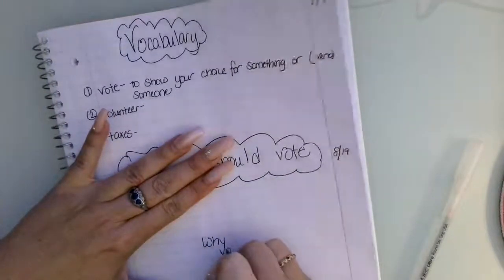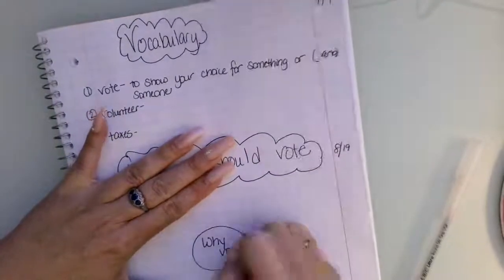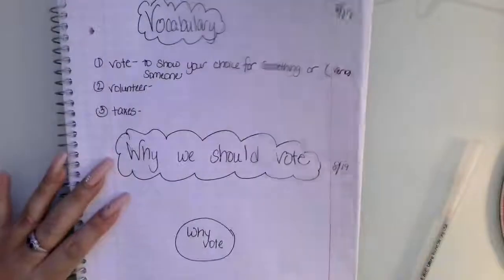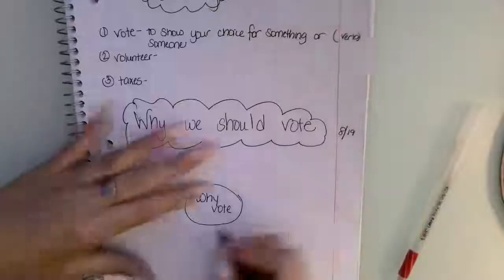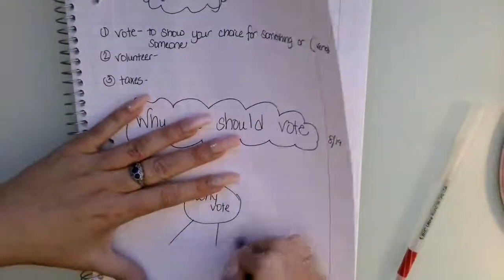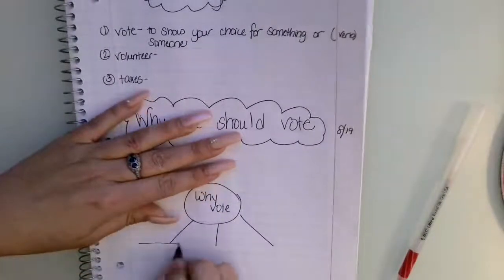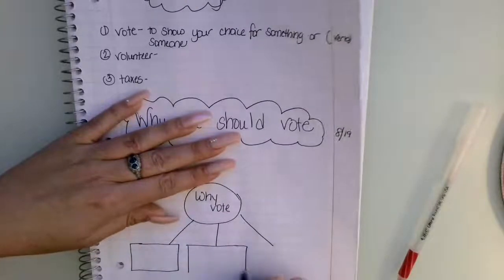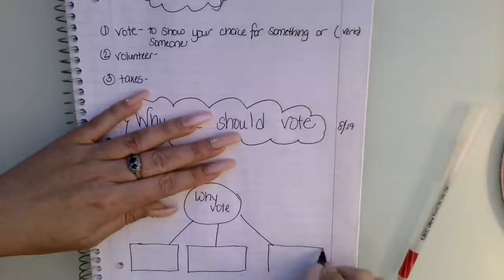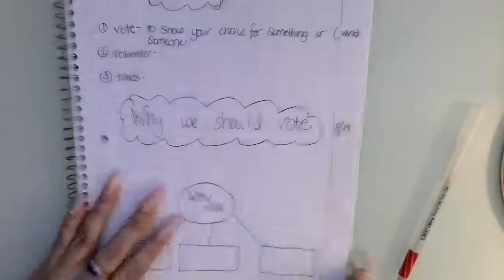You do not have to do it in a complete sentence again because you're doing a lot of writing today. You can just do a graphic organizer with your main idea of why vote, and then how about just 3 reasons why we should vote. And it can be from the movie that you watched, or it can be from what you read yesterday.